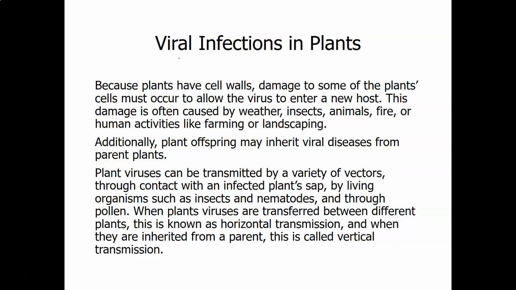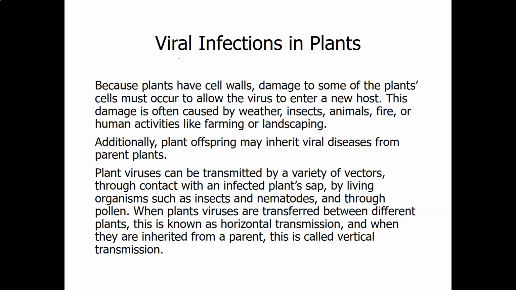It can be caused by insects, other animals that eat the plants, fire, or human activities. And you can also have plant offspring inheriting viral diseases from plant parents. But the only way that can happen is if the virus infects the egg or the sperm of the parent. So it has to infect the sexual cells of the parent.